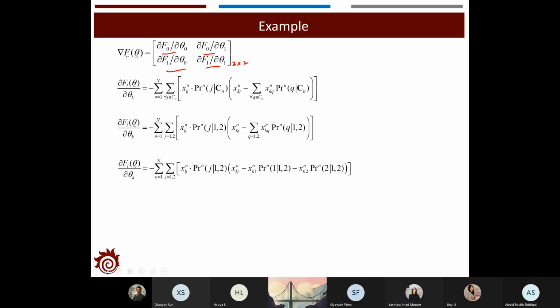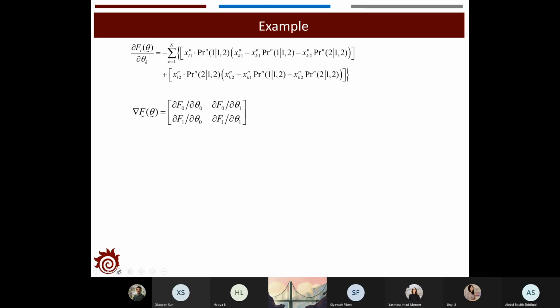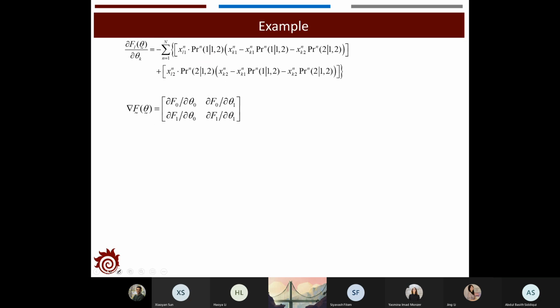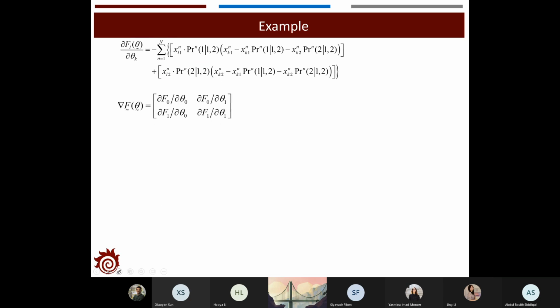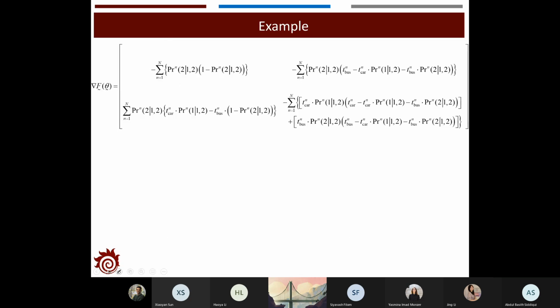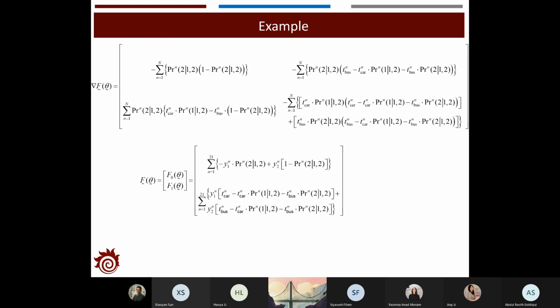It still comes from the previous derivation. So what you can get is all the four components for the partial derivative of F(θ), and also the function of F(θ).